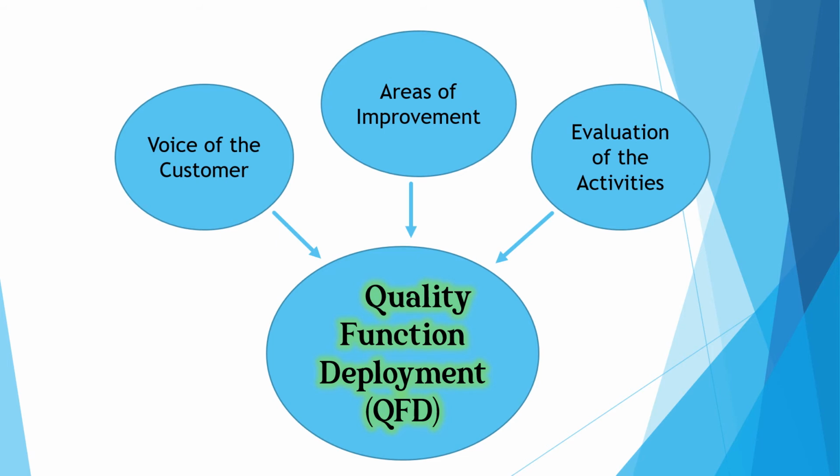So quality function deployment will help you to know what your customer is demanding, how you would evaluate your activities, or how you would align your activities to fulfill those customers' needs. Also, what are the areas of improvement which are left and what new innovation can be done to fill in the gaps of the customers.